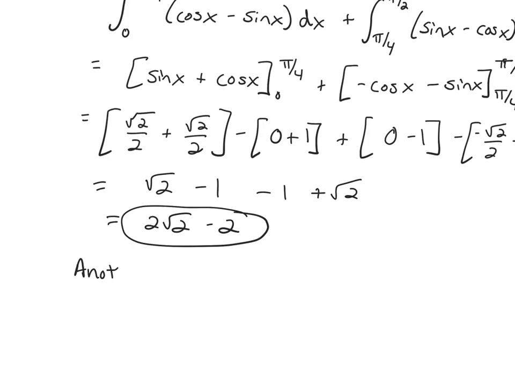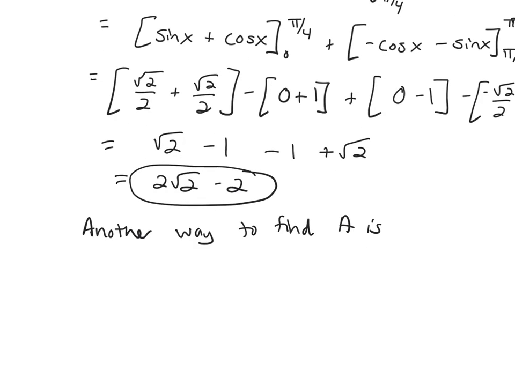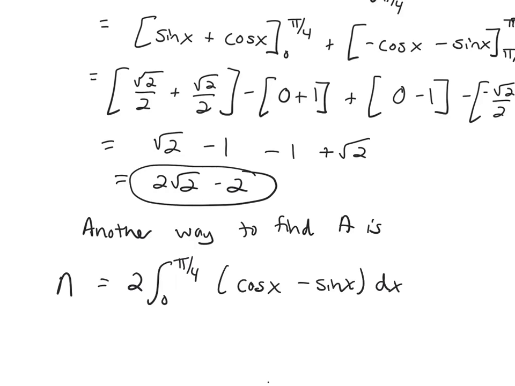Another way to find A is to compute the first integral, which was from 0 to pi over 4, of cosine minus sine, and multiply that by 2.